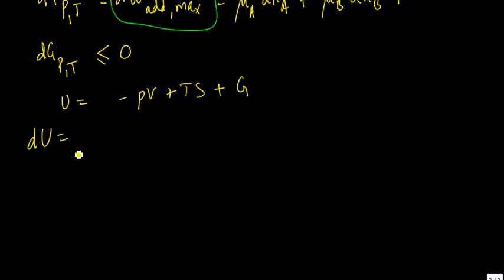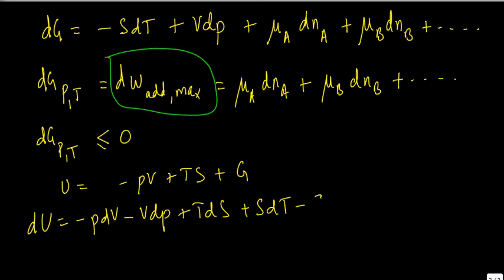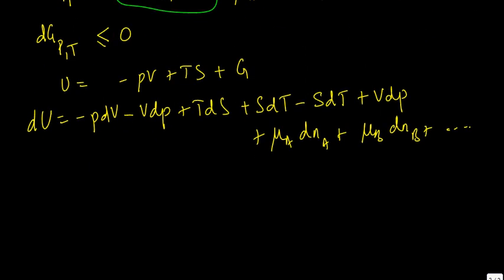So it's minus of P dV minus of V dP plus TdS plus SdT plus dG, which is minus SdT plus VdP plus mu A dNA plus mu B dNB and so on and so forth. I can straight away get rid of this and this and this and this.